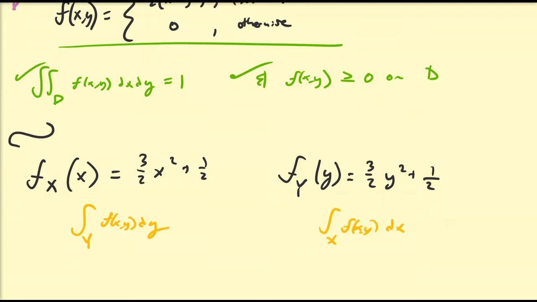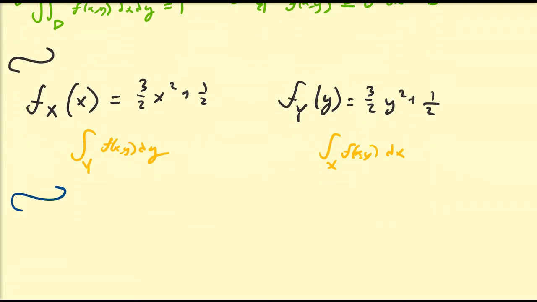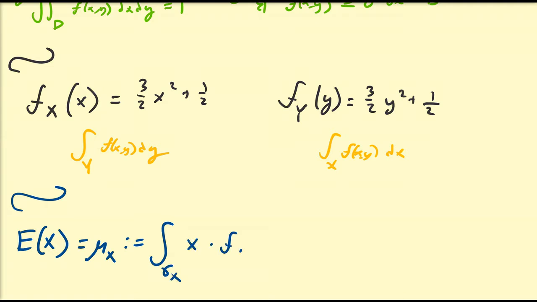Alright, so let's begin by calculating the mean, or the expected value, of a joint density function. So the expected value, or some people write mu x, is defined to be equal to the integral over the support of random variable x of x times the marginal density function of random variable x dx.